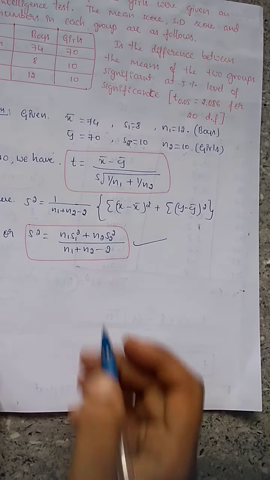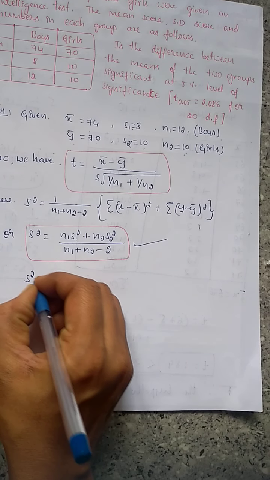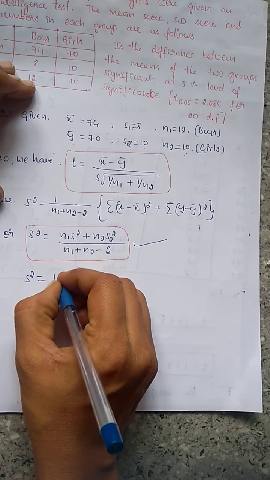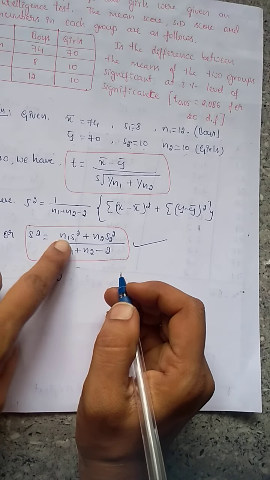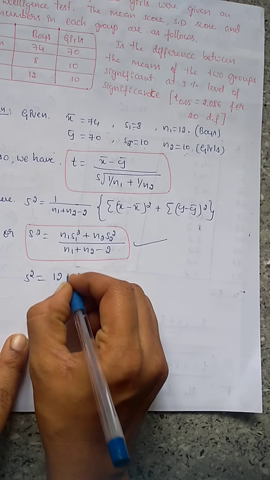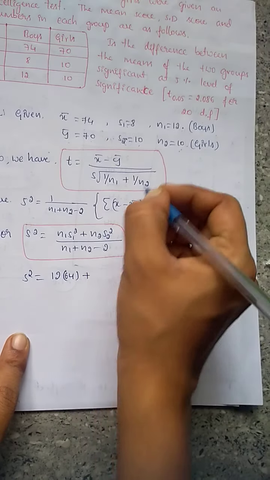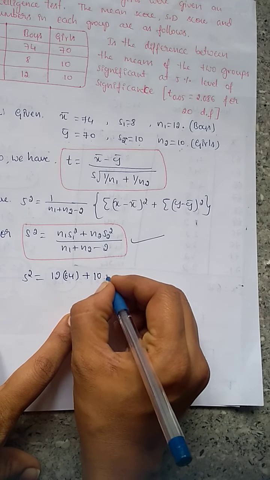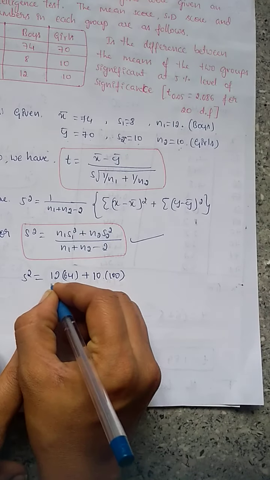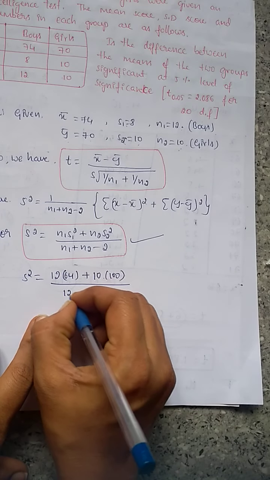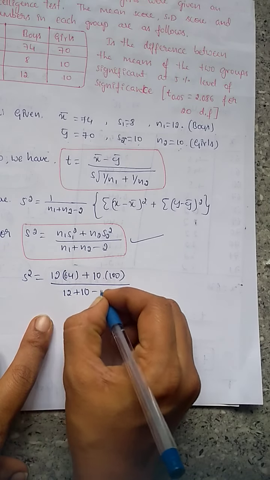I go to substitute all the given data values. n1, how much is given here? 12. n1 into s1 square, s1 is 8, square means 64. 12 into 64 plus n2, how much here? 10 into s2, 10 square is what? 100. And the denominator is n1 plus n2 minus 2, n1 is 12 plus n2 is 10, minus 2.